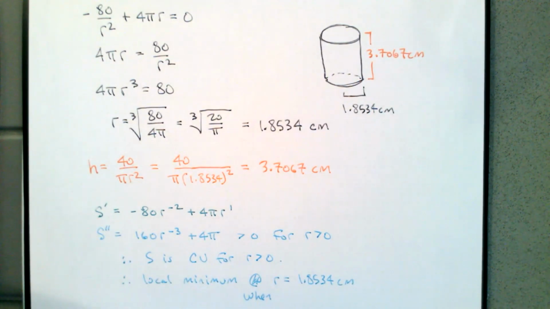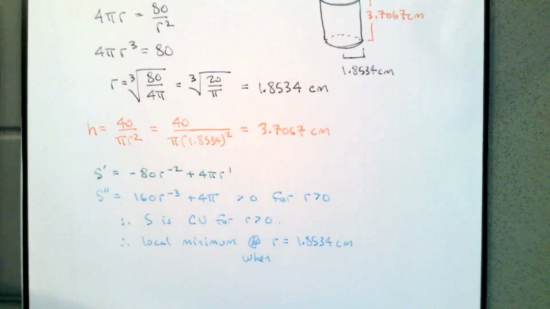Professor Lich, could I ask a quick question on the S double prime, the second derivative? We have 160 r to the power negative 3 plus 4 pi r. Where's that r going? We have 4 pi. It's r to the first. The derivative of r to the first is a constant. We do 1 times 4 pi, and then it's r to the 0 power. So the r will disappear.